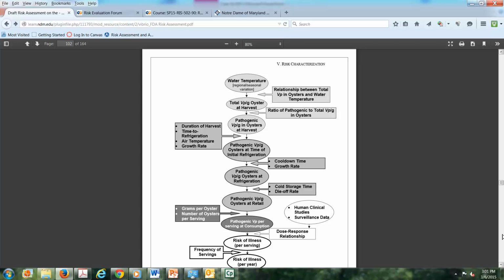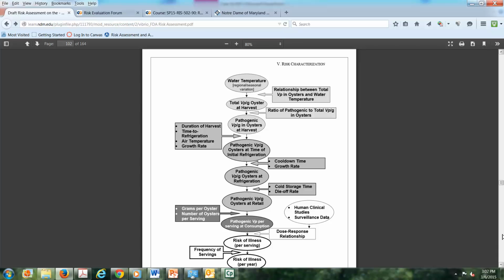Up until now, in this part of the course, we've been talking about a conceptual model. What are the steps that are present in all risk assessments? But then once you get into a risk assessment, especially quantitative risk assessment, you will find that there are different calculations, different things that are done for each of the conceptual risk assessment model steps.